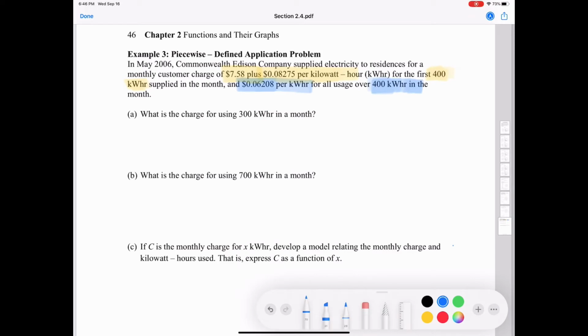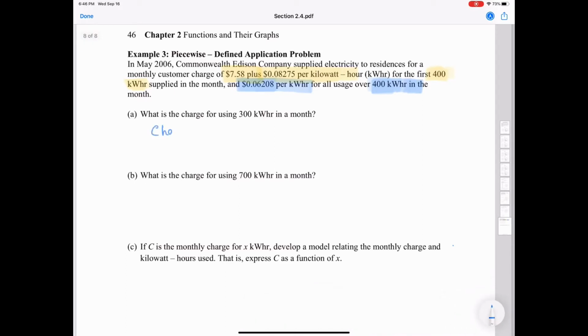So in order to build the piecewise function, the first step is we'll answer A and B, and then we'll come to C. A is asking, what is the charge for using 300 kilowatt hours in a month?